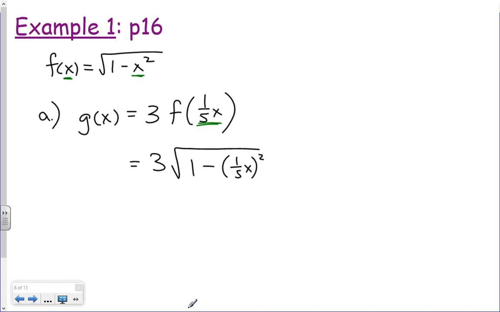Again, understanding what your function notation tells you and what that argument actually means. And you could simplify this if you want to square that out and rewrite this, but I'm going to leave it in this form. Let's verify that in fact this is this function that's been dilated in both directions like we claim it has been. Grab your calculator.